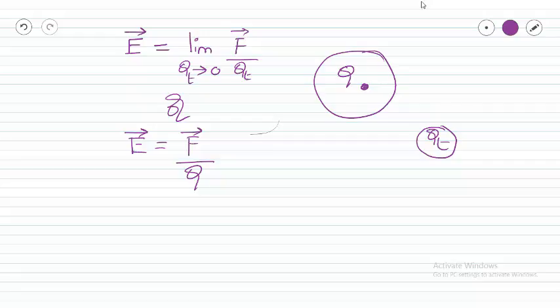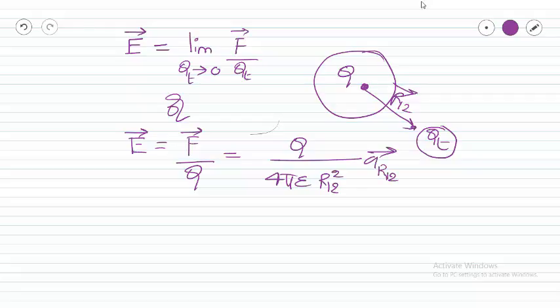If you take two charges, Q1 and Q2, or Q and Qt, the relation will be, let us say, this is Qt, and this is the vector R12 bar. Then the force acting per unit charge at this point is given by Q times 1 by 4 pi epsilon R12 square a R12 bar. Or we can expand Q by 4 pi epsilon.